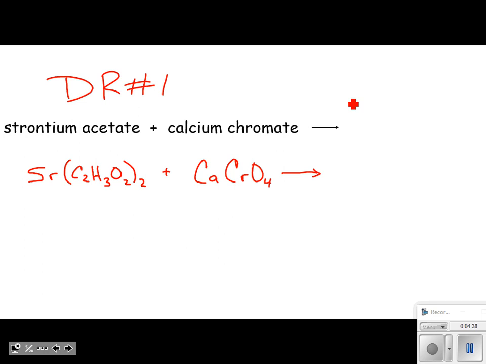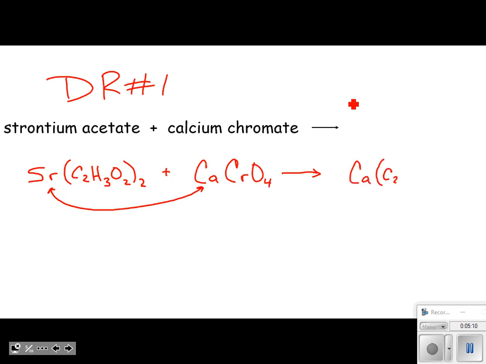Now, step A tells me to determine the possible products by swapping the cations. So I'm going to take this Sr and this Ca and swap them.